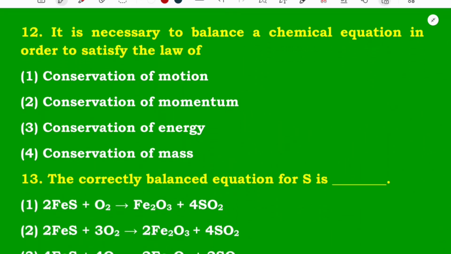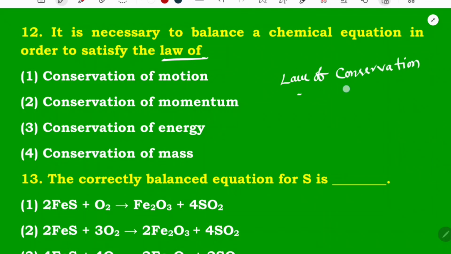It is necessary to balance a chemical equation in order to satisfy which law? We already discussed how to balance the equation and on which concept it is based. That is the law of conservation of mass.